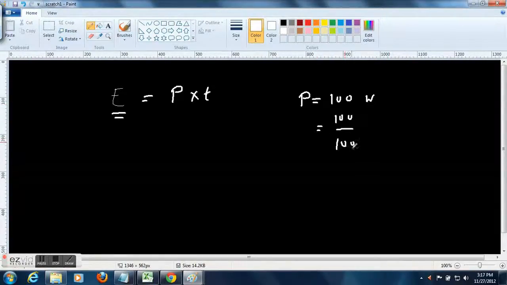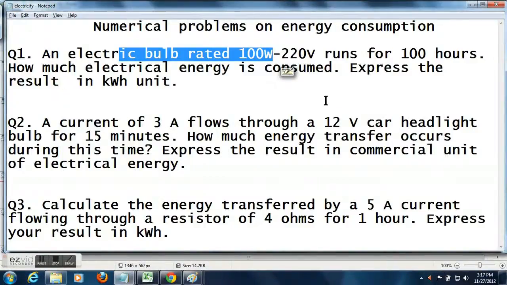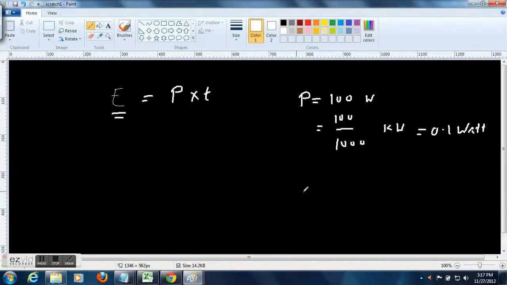which is 100 by 1000, that is 0.1 kilowatt. Time is given as 100 hours. So 100 hours is fine because we have to express in kilowatt hour, and time is already given in hour.